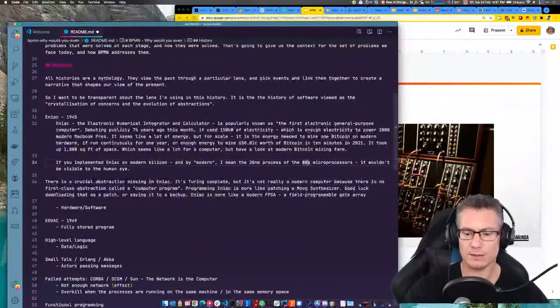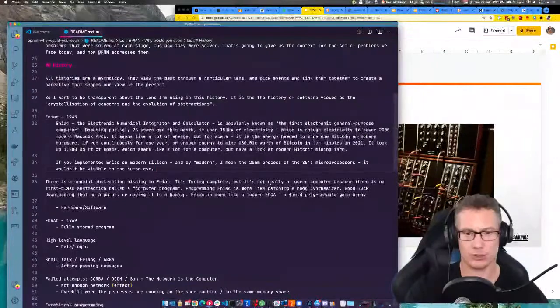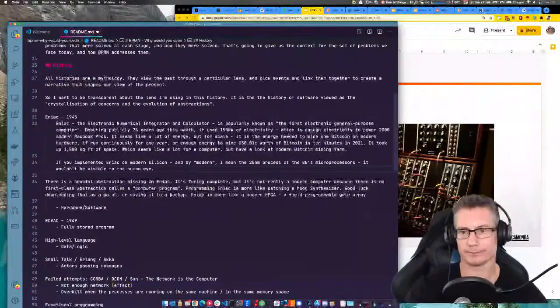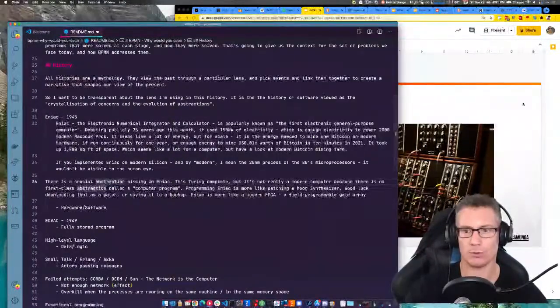Let's stick it in there. It wouldn't be visible to the human eye. There's a crucial abstraction missing in ENIAC. It's Turing complete. It's not really a modern computer because there's no first-class abstraction called a computer program. Programming ENIAC is more like patching a Moog synthesizer.